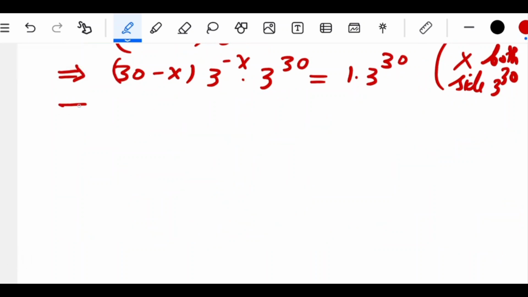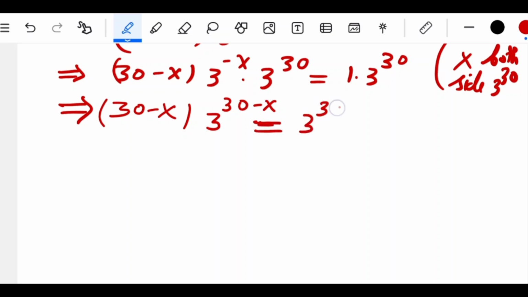Now next step, we can write this as 30 minus x times 3 raised to minus x times 3 raised to 30 is equal to 3 raised to 30.